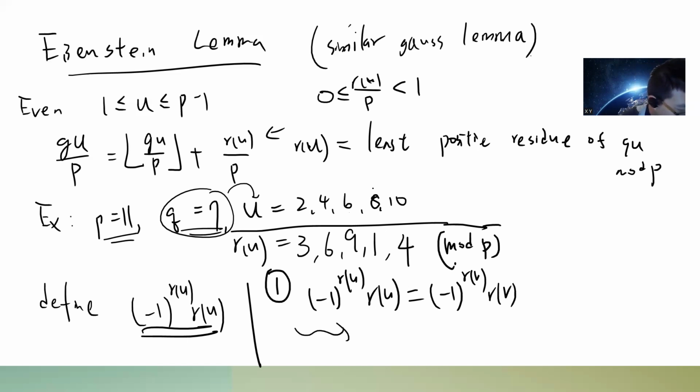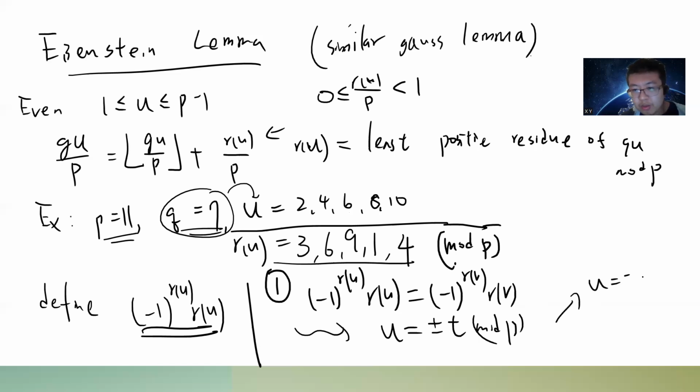Since r_u is just u times q mod p, if they are the same, that means u is plus or minus v mod p. But this is impossible since we consider all these u from here, and they are all positive. So this cannot happen.